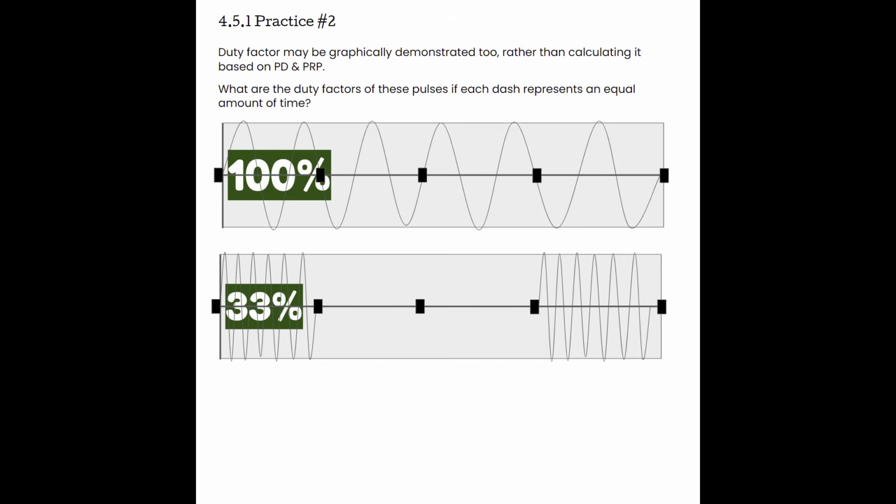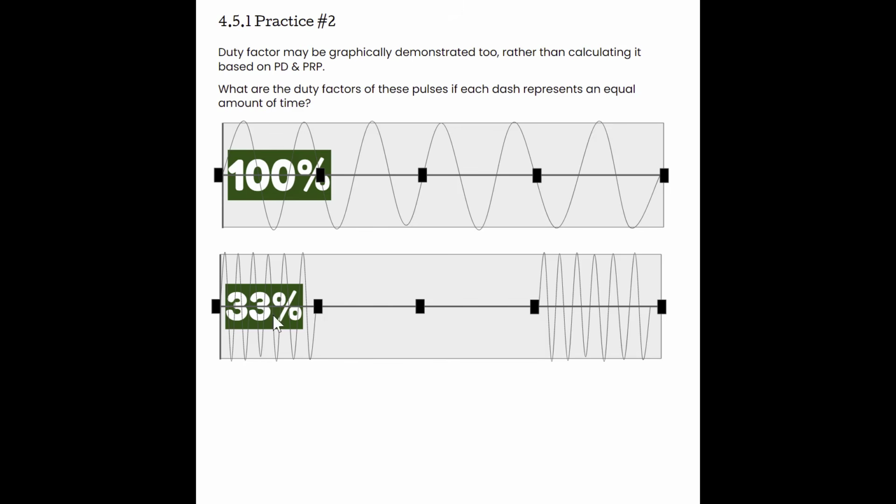Remember that duty factor is pulse duration divided by the pulse repetition period. So that's on time divided by the on and off time. So in this example, we have the on time here, off time, and the start of another pulse. And why this is a little bit trickier for a lot of people is they want to look at these spaces in between.